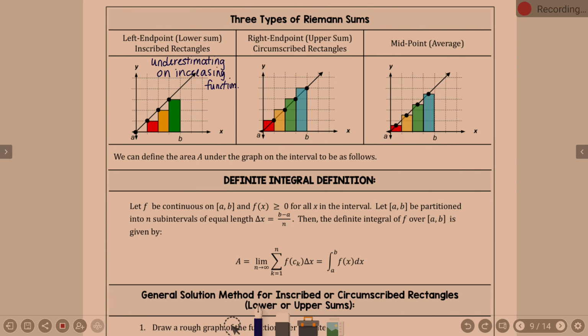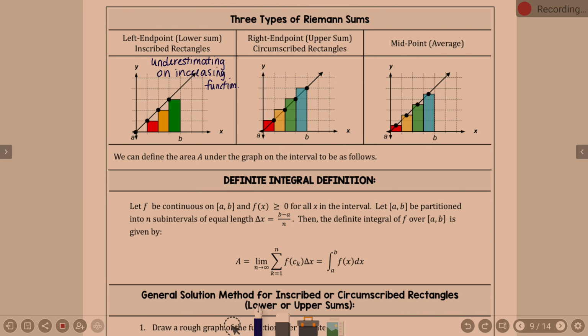Now, this next picture represents right endpoint rectangles. That's what we used on the previous page. They are an upper sum because the rectangles are above the graph. And they are circumscribed, which means they are outside of the graph. We drew those rectangles outside the graph, and so they are circumscribed. Under or overestimate?